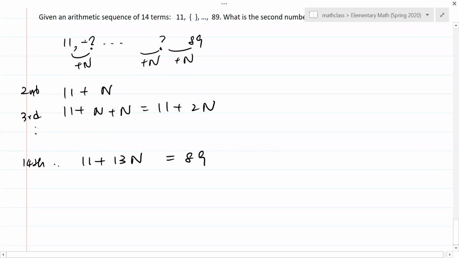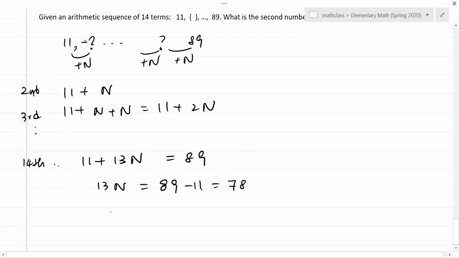Then 89 minus 11 would be 78, right? So 78, wow, 78 is divisible by 13.